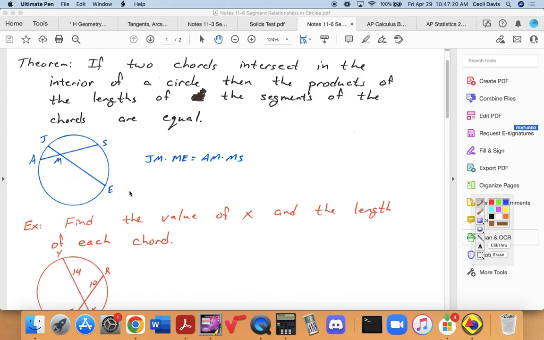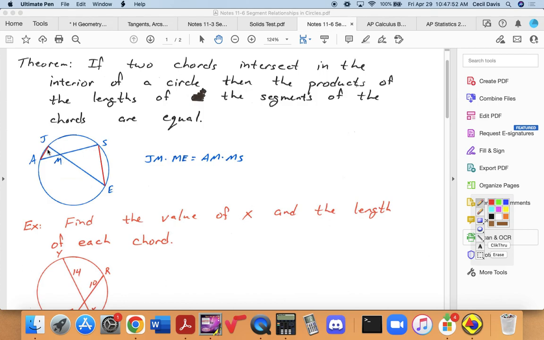Okay, so let me just real quickly, you don't need to write any of this down, but please follow along with me. Let me show you why. If I was to fill in segment SE and segment JA, notice that angle J intercepts this big arc from A to E down here, and so does angle S. So what does that mean about those two angles?